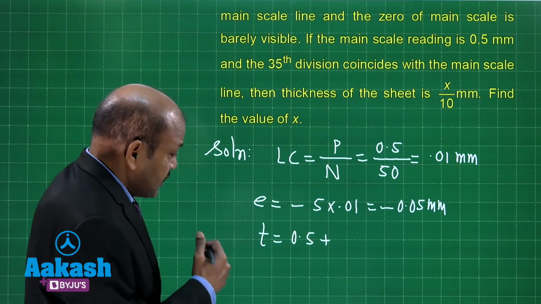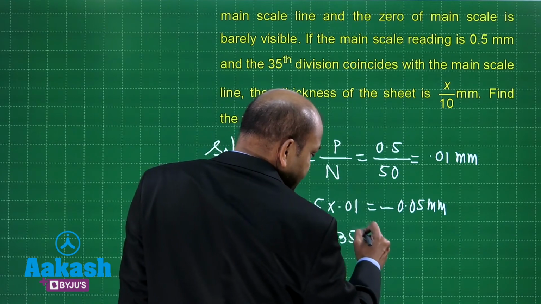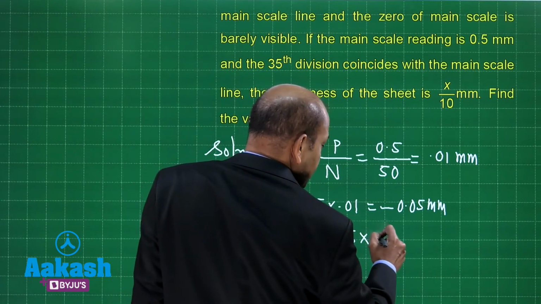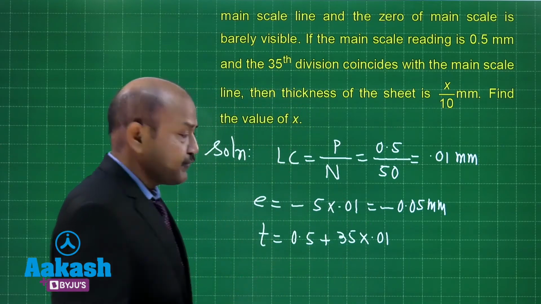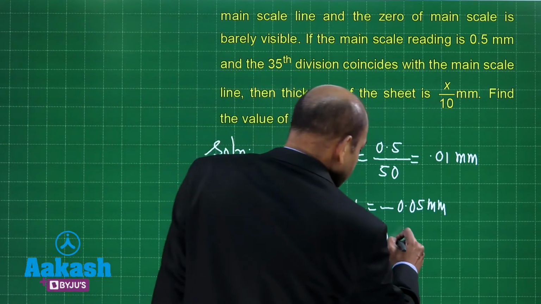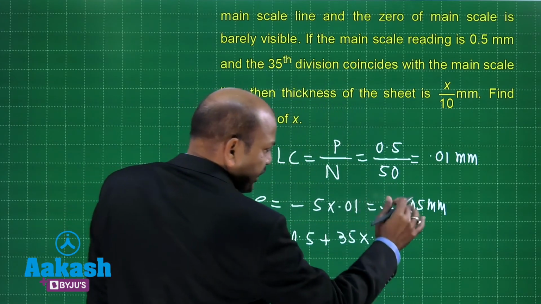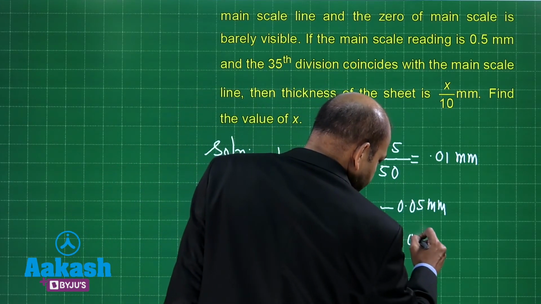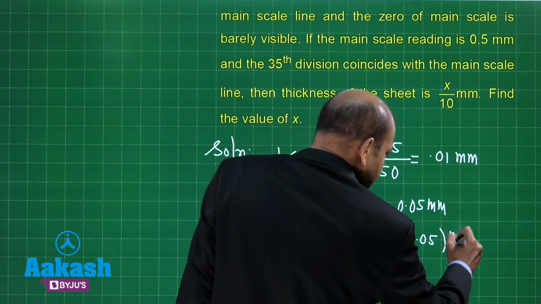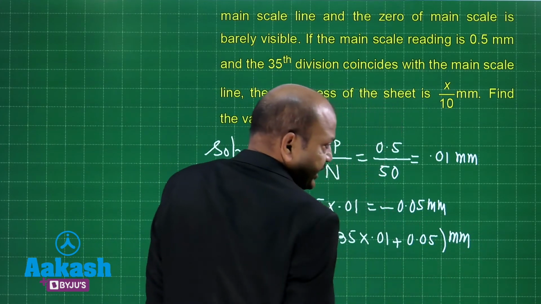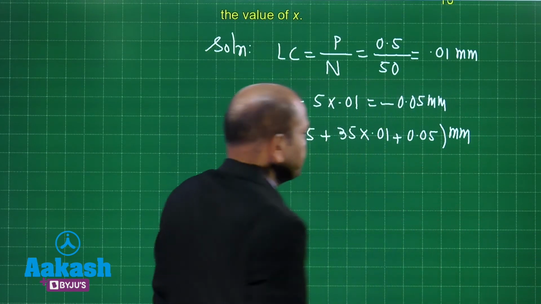Okay. So, 35th division means 35 into least count, which is in this case 0.01 millimeter, and then you have to correct for the zero error. That correction will be plus E. So, in fact, I would say plus 0.05 millimeter, right. So, this is the thickness having taken into account the zero error also.